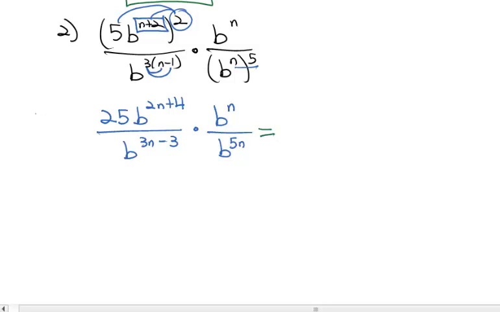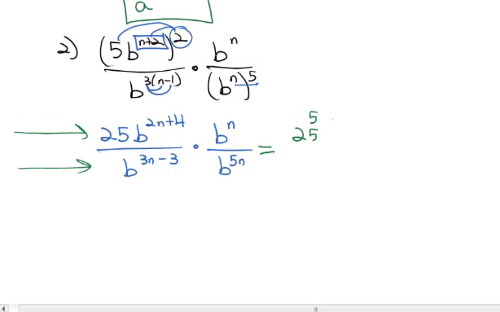Simplifying a bit, let's go straight across. We've got several options, but I'm going to go straight across. We've got 25b to the 2n plus n, combining like terms, is 3n, and we still have a plus 4, over b to the 3n plus 5n is 8n minus 3.